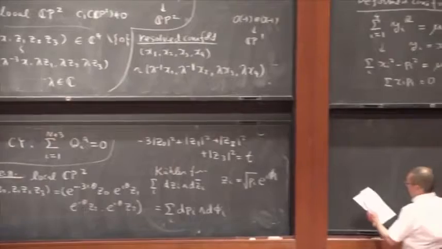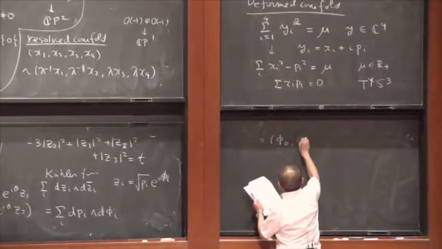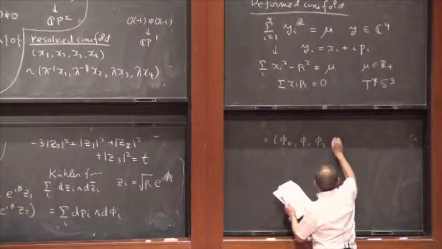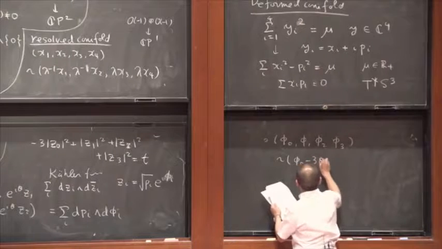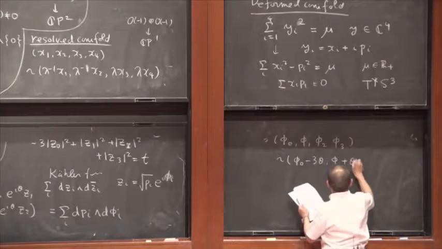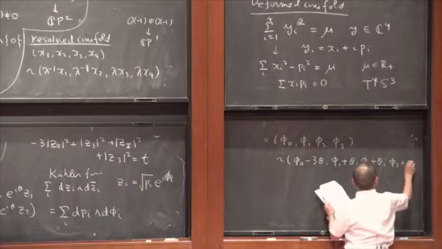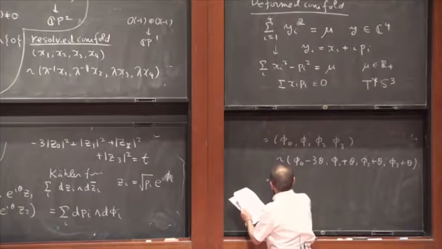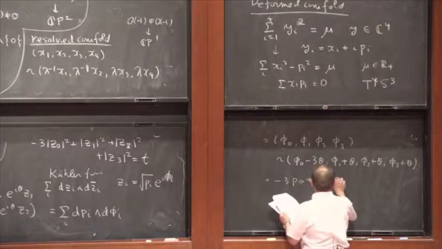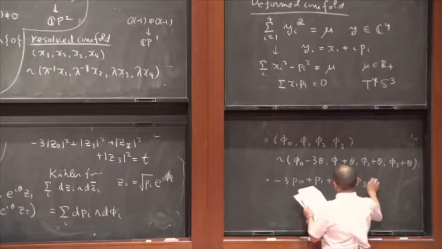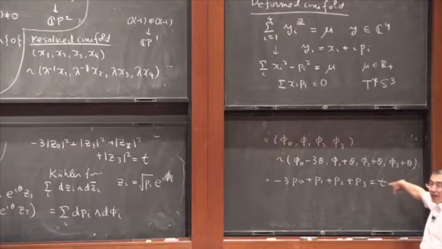In polar coordinates, the gauge symmetry sends φ0, φ1, φ2, φ3 to φ0 minus 3θ, φ1 plus θ, φ2 plus θ, φ3 plus θ. And the Gauss law constraint is -3p0 + p1 + p2 + p3 equal to T. So you can see that things are linearized here.